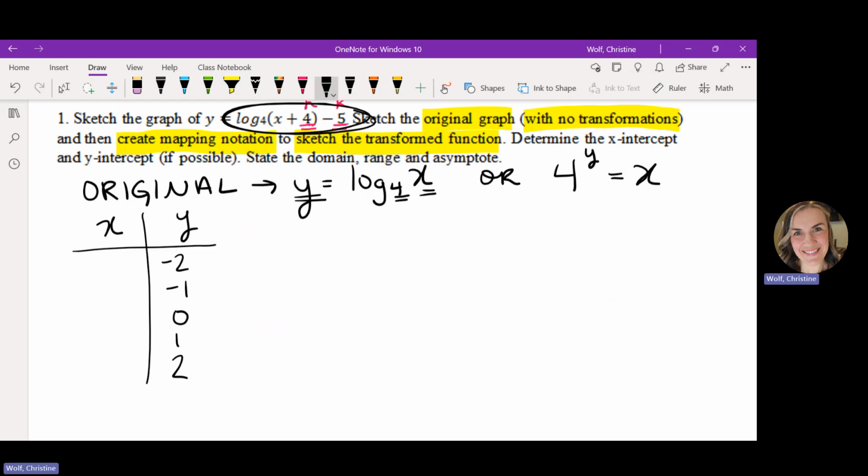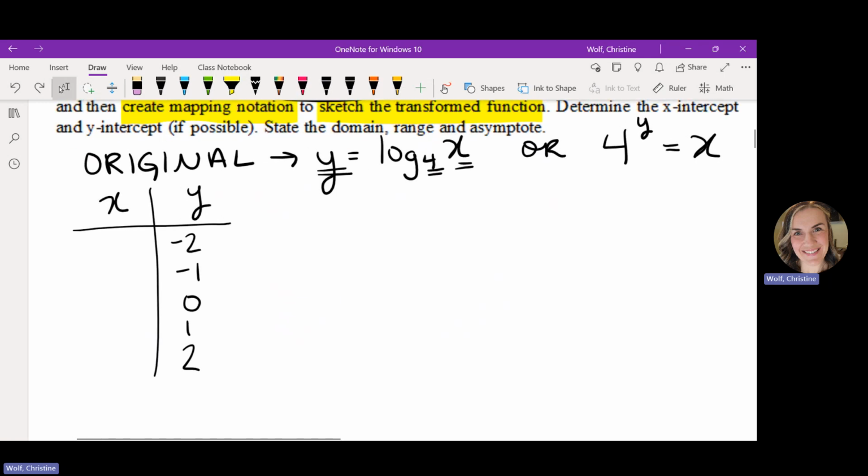Then I have to take these values, and where I see a y in that exponential form, I replace y with those 5 values to find my x. So for this first one, I will see 4 to the power of -2 equals x, and I'm in the x column. 4 to the negative 2 is equal to 1 over 16, because negative exponents you just send down, so I have 1 over 4 squared.